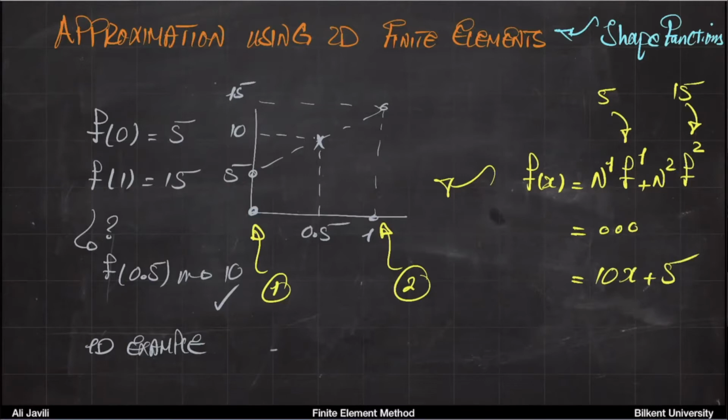Let's say this was your intuitive approach. And the second one, the yellow one on the right-hand side, this was our approach using shape functions. Maybe we call it the FE approach, finite element approach.